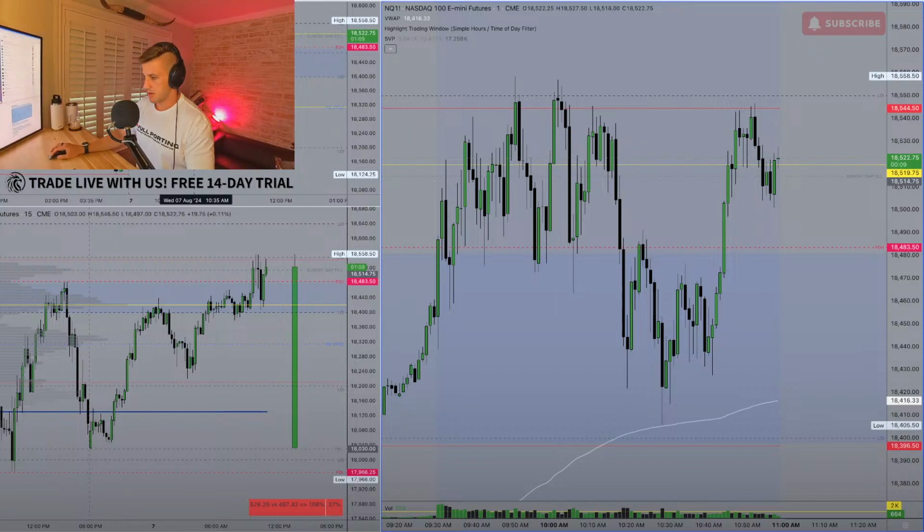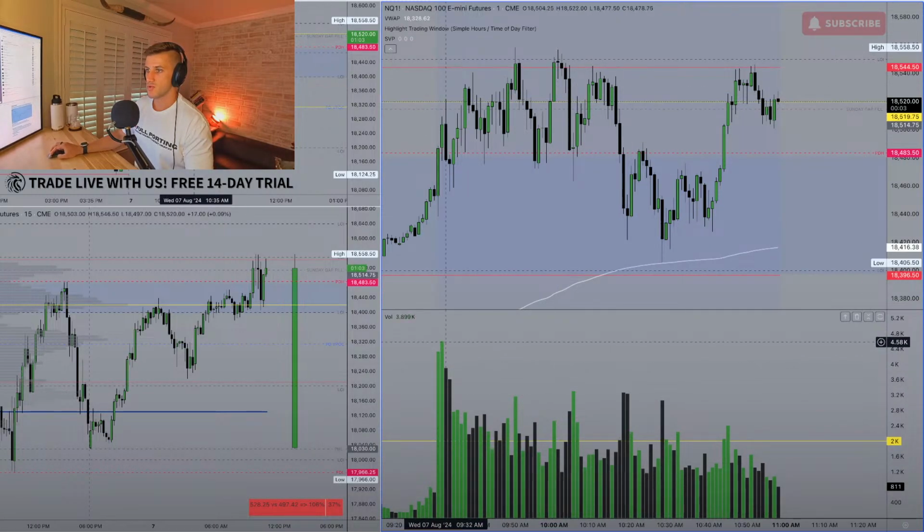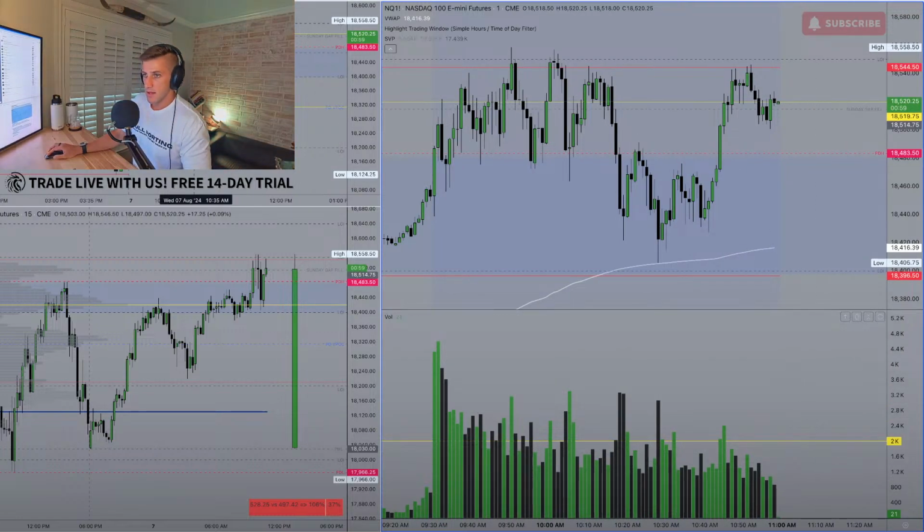Volume's definitely tapering down pretty good. Take a look at that. Sloping lower as we get later into the morning.